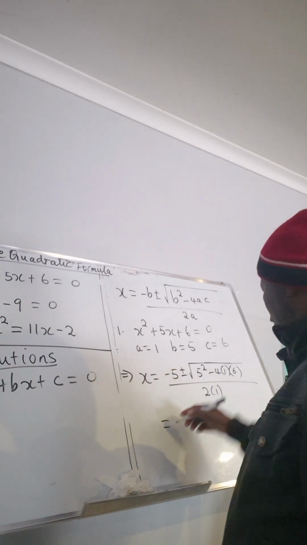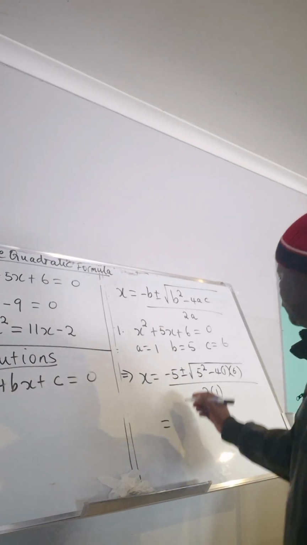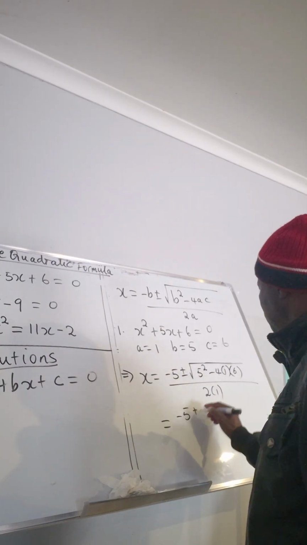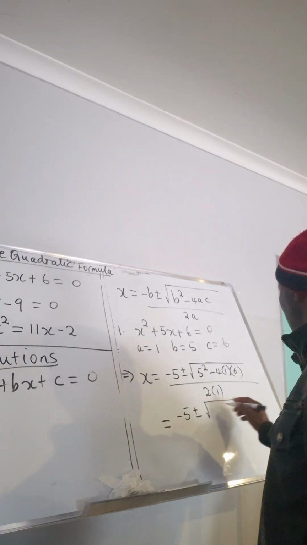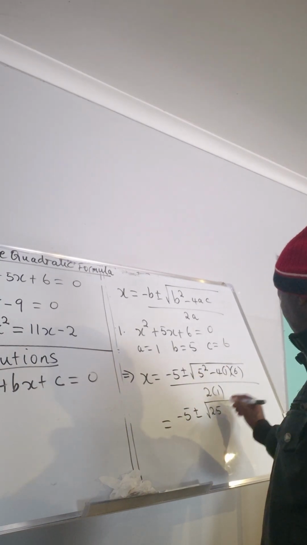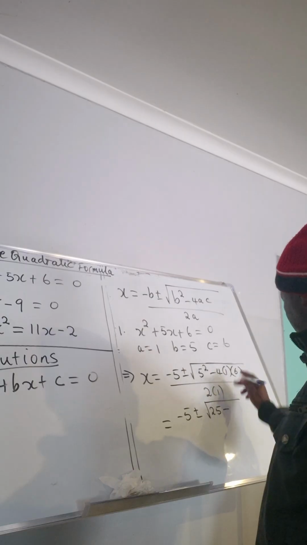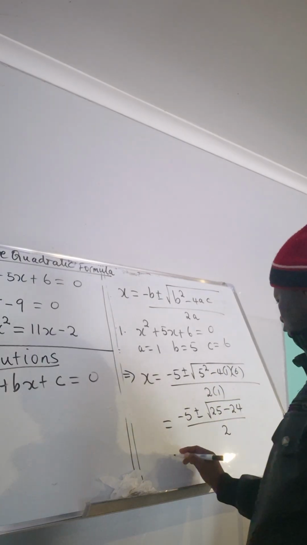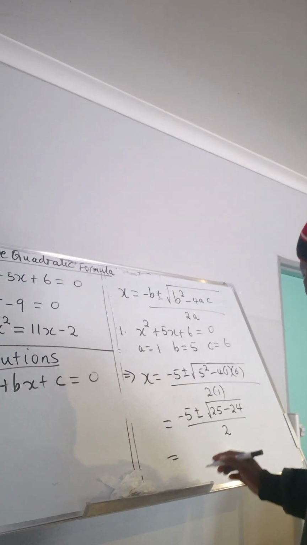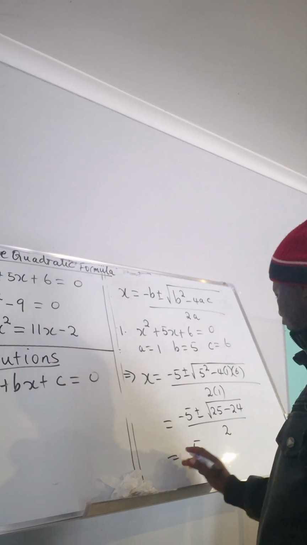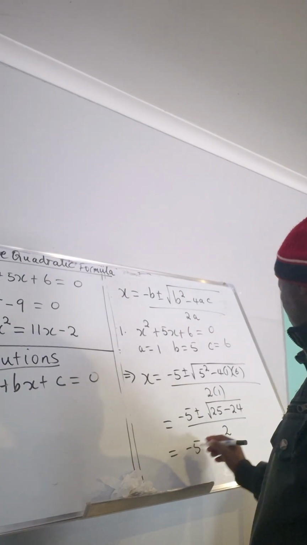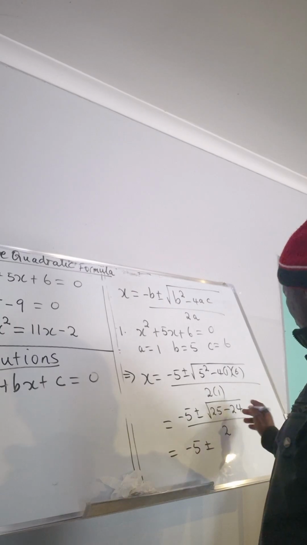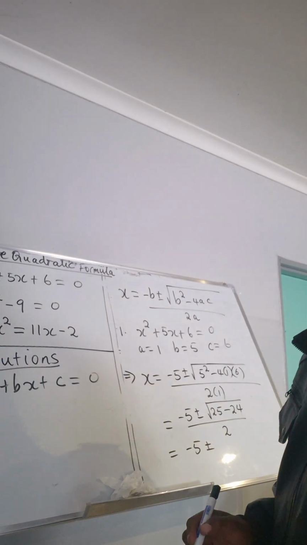Now from here, it's minus 5 plus or minus the square root of 25 minus 24, all over 2. So finally, it's minus 5 plus or minus the square root of 25 minus 24, which is 1.